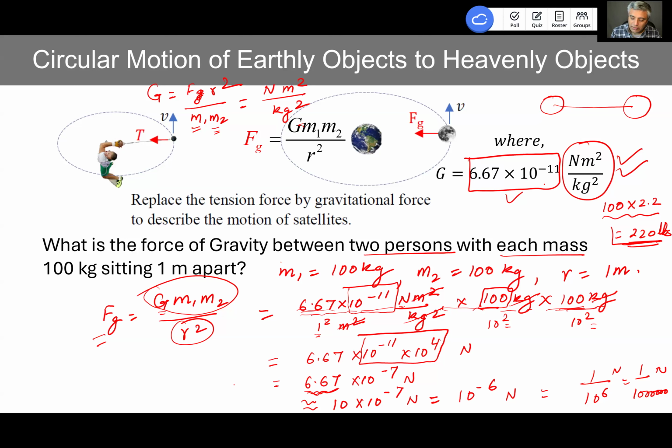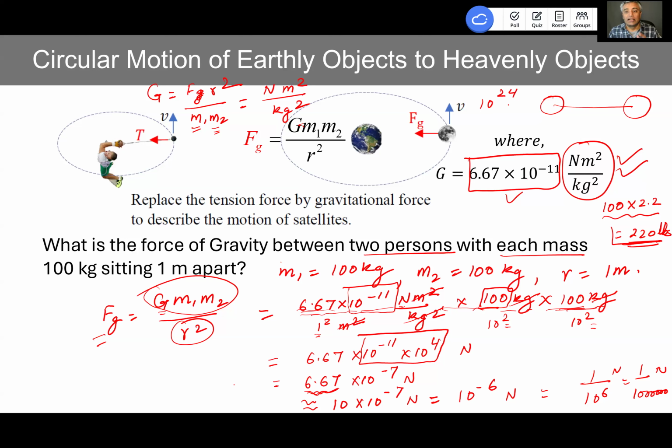But when we talk about the force between us and the Earth, although our mass is only around 100 kilograms when we round up, the mass of Earth is way larger, in the order of 10 to the power 24, which means 1 with 24 zeros. Don't ask me how to say that number.